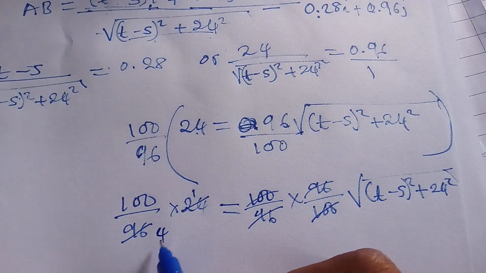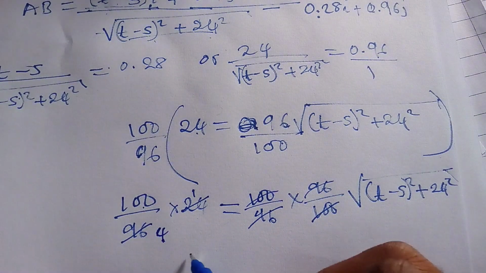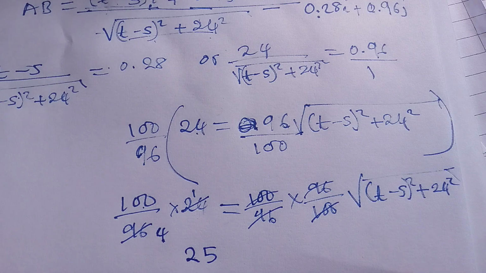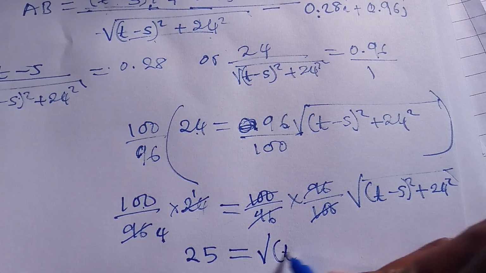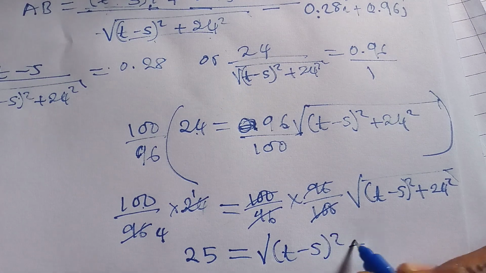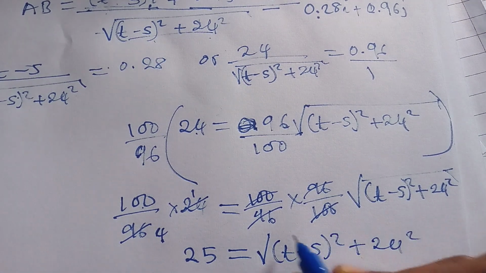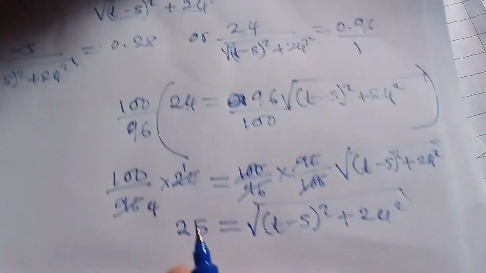Yes, that's 4. And then 4 into 100, this will be 25, is equal to the square root of t minus 5 squared plus 24 squared, everything under the square root.